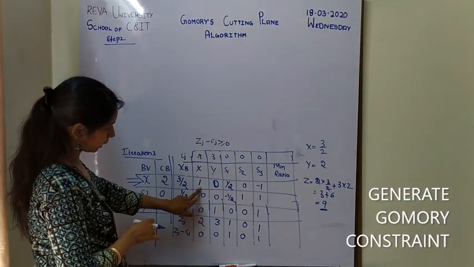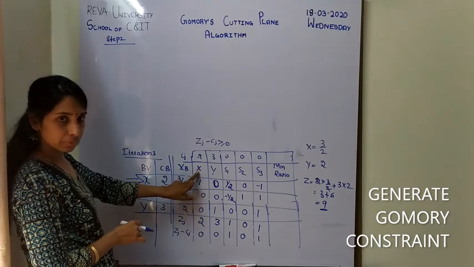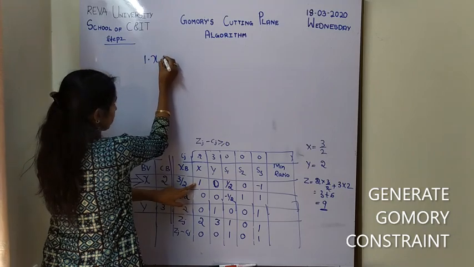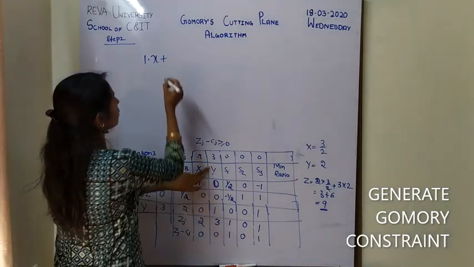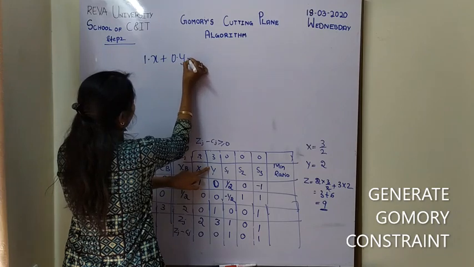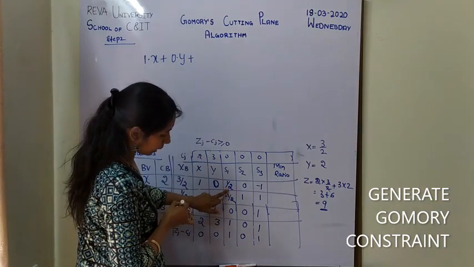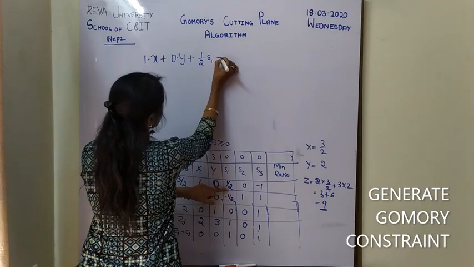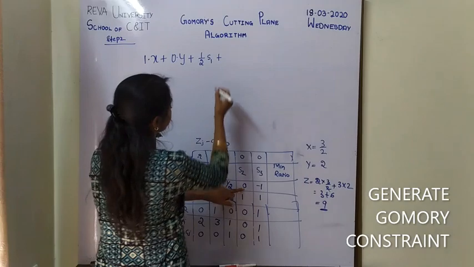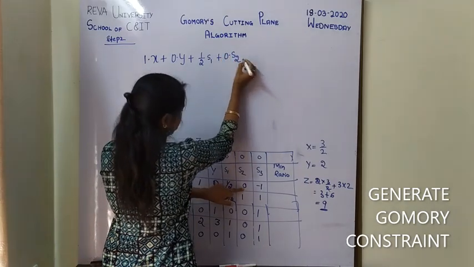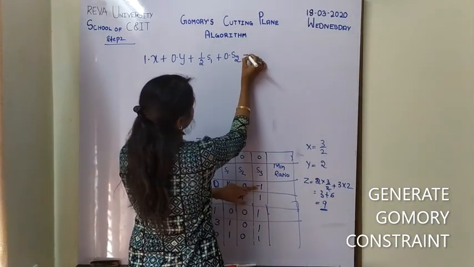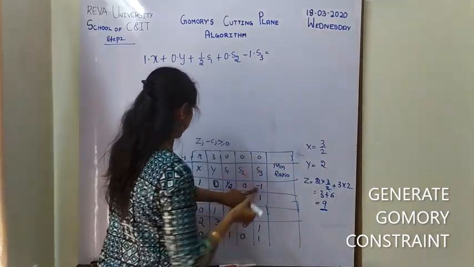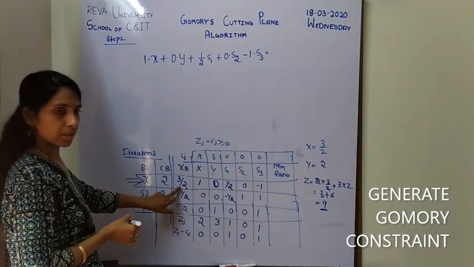So here you have to write, see, 1 into x plus 0 into y plus 1 by 2 into s1 plus 0 into s2 plus, becomes here, minus 1 into s3 equal to, what is its solution? 3 by 2.